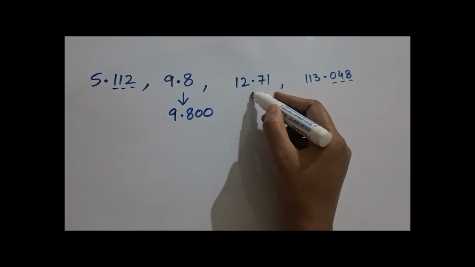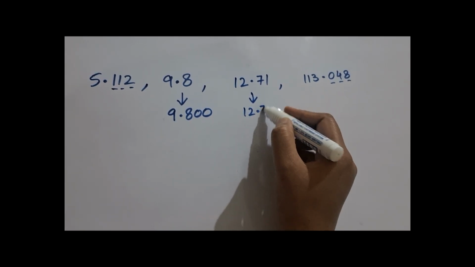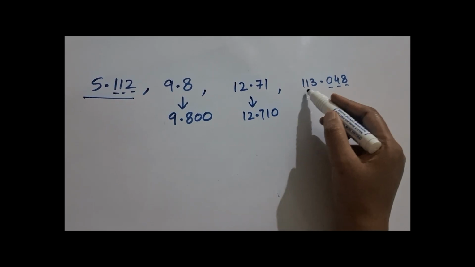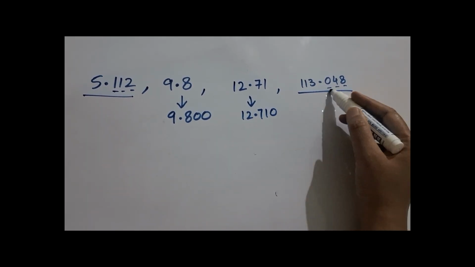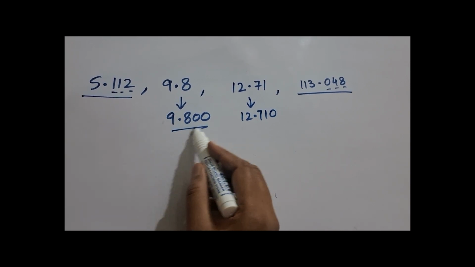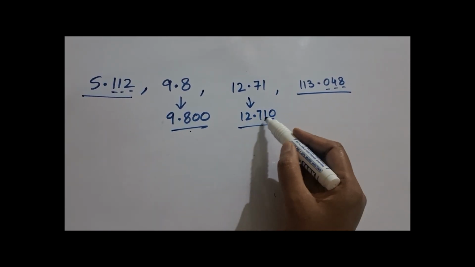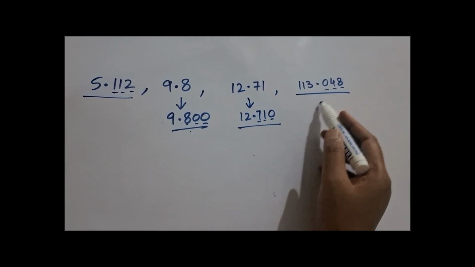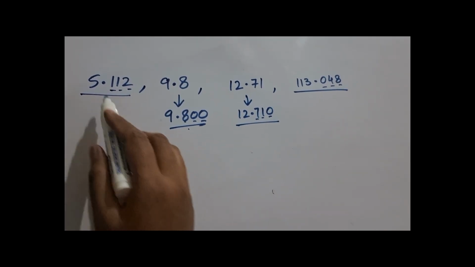Okay. And this one 12.710. Okay. Now these 2 numbers are already in 3 decimal places. Now these 2 decimal numbers are converted to 3 decimal places. Okay, children. Now these numbers are like decimals.